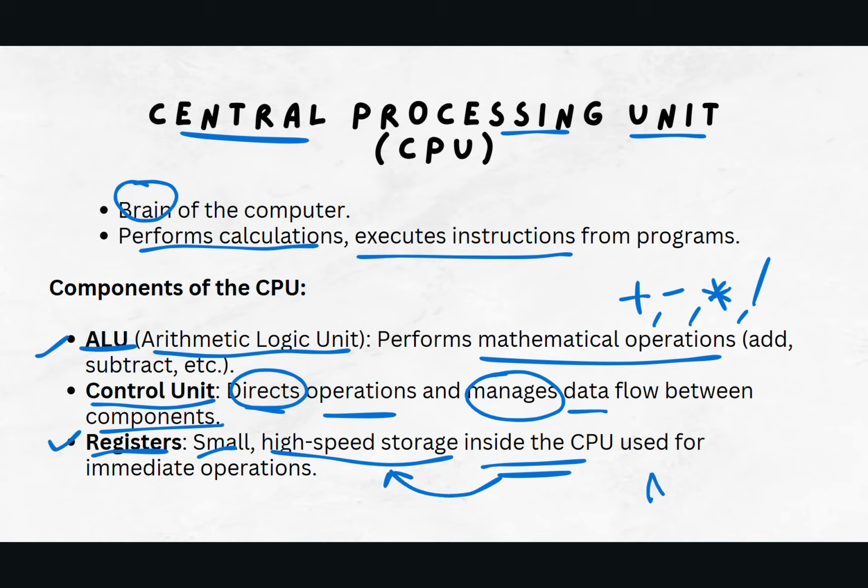And there are various registers like A, B, C pair, D, E. All of that will be taught to you in the COA playlist, which is Computer Organization and Architecture. But this is a beginner's playlist, so it will not be taught in CSE 101. This is just a quick revision of whatever we have learned already. These registers are used for immediate operations.